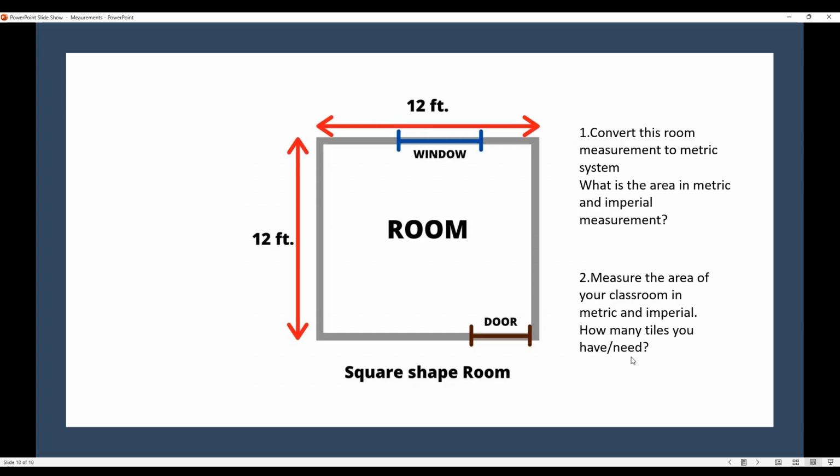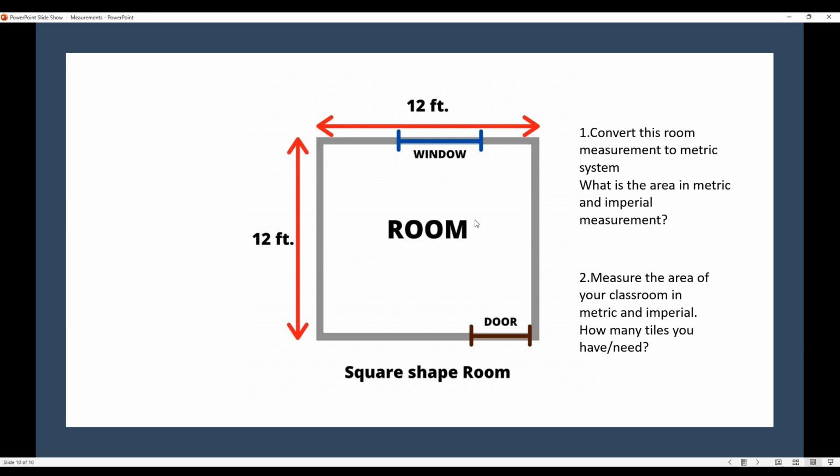Another task that I have for you is measure the area of your classroom or your room that you're sitting in right now. Get a measurement tape and measure your room and tell me the measurement of your room in metric and imperial measurement unit system.